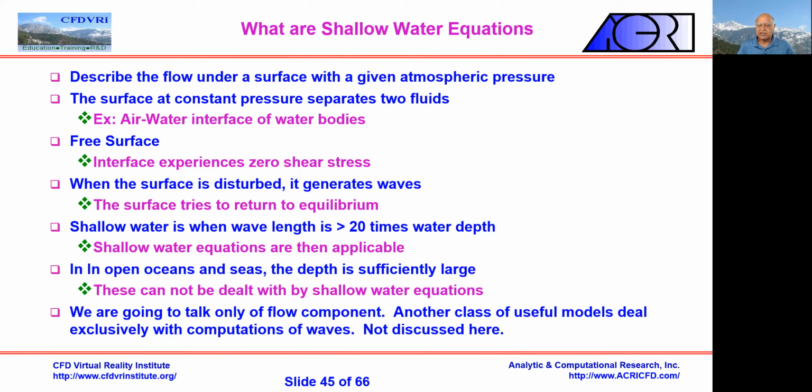Remember when I said that you need at least 12 points to do a sine curve, right? It's a similar kind of thing. It's not unusual that we find that order of magnitude. So 20 would define a sine wave very well. So a long wave means that it's about 20 times the depth or more. And then we can say shallow water equations apply.